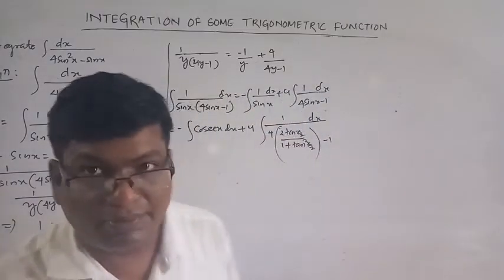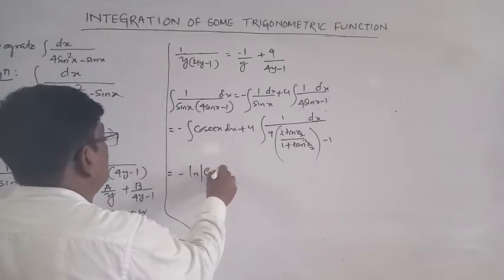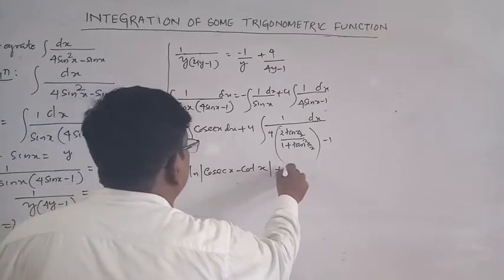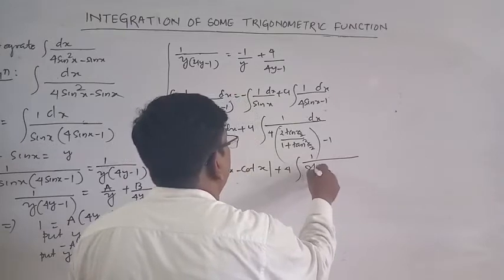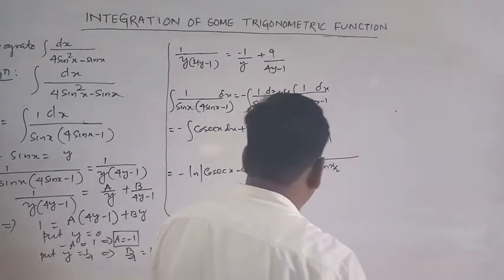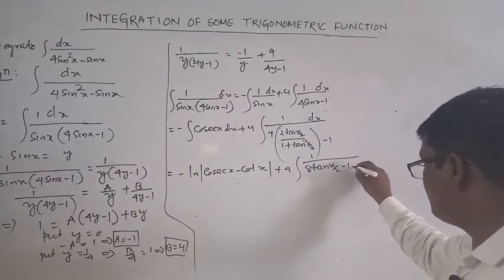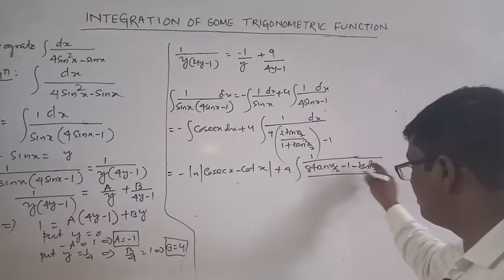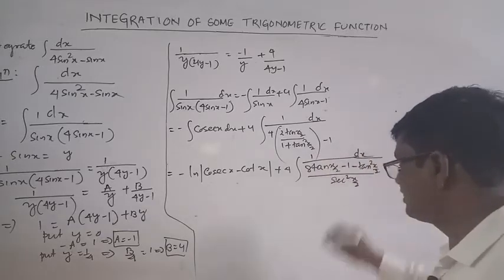So what happens here? That is equal to minus of log of cosec x minus cot x plus 4 into 1 by 8 tan x by 2, and this is minus tan square x minus 1 minus tan square x by 2 whole divided by 1 plus tan square x by 2, means sec square x by 2 into dx.